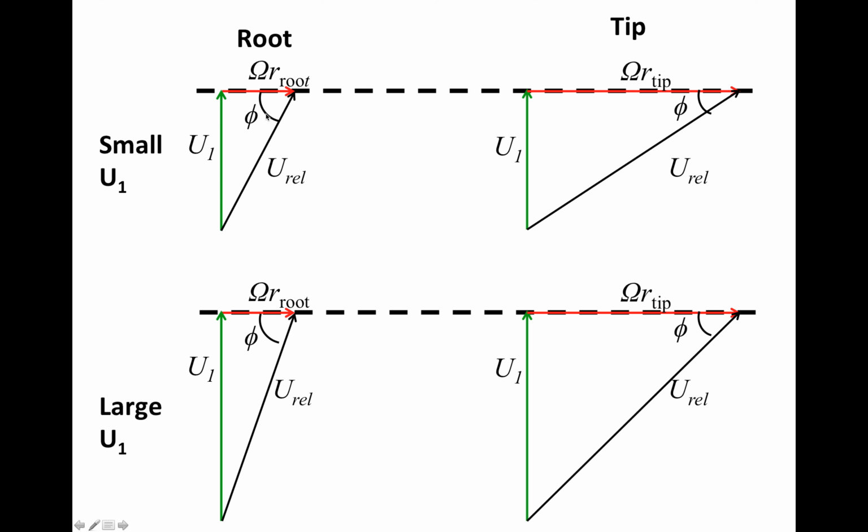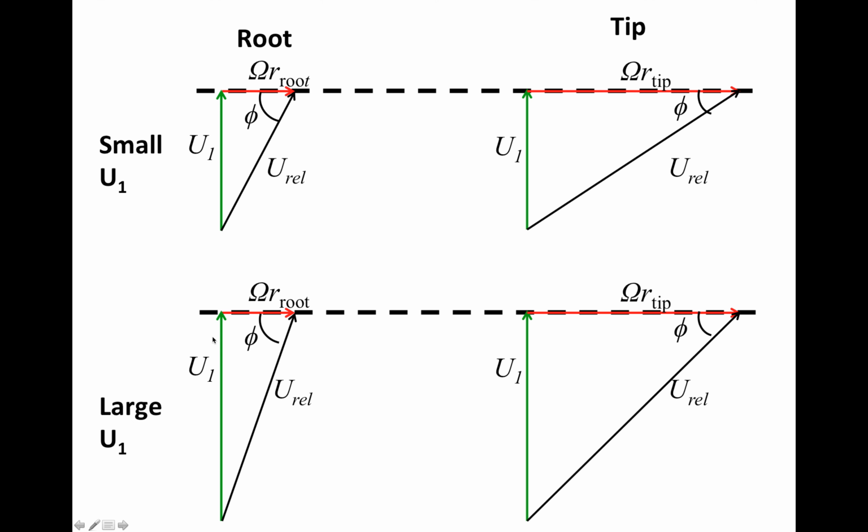Now suppose we increase the free stream wind speed u1 gradually. If we increase u1 gradually, the angle of the relative wind is going to increase also. If we compare these two, the red arrow is the same length, but the green arrow becomes longer.